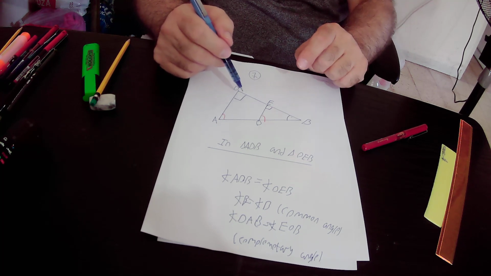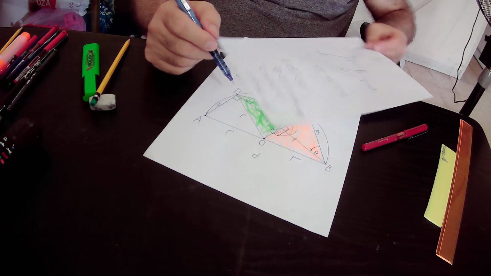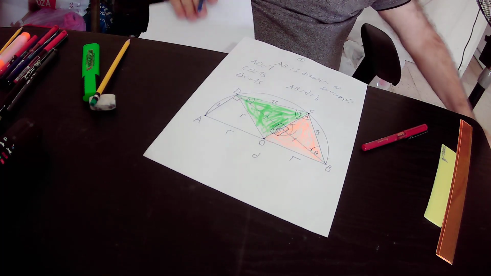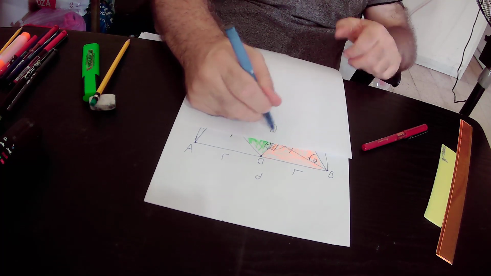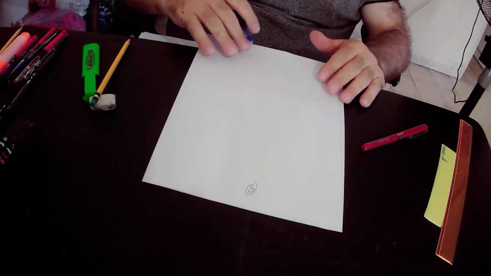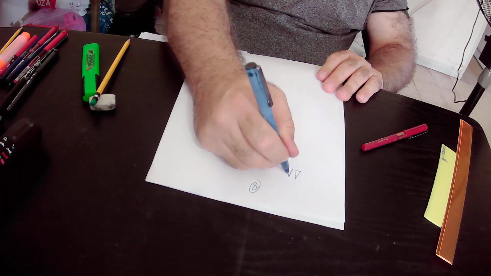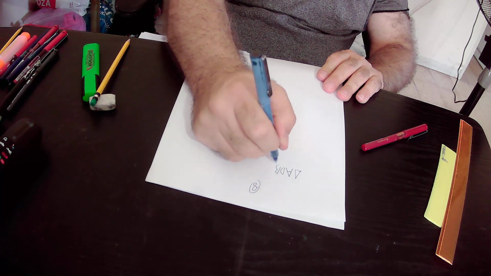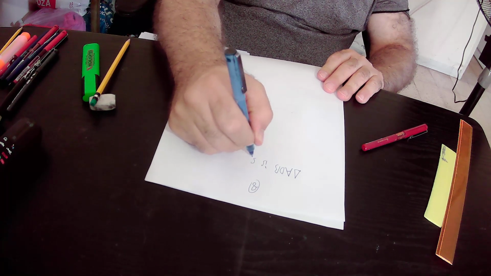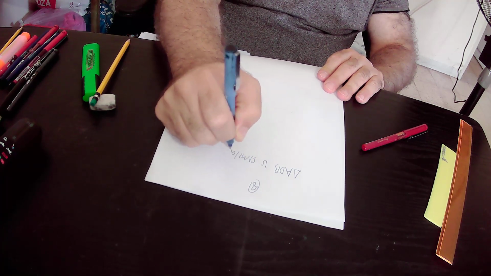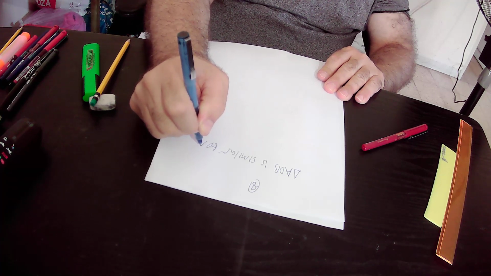Therefore, those two triangles are similar to each other. So triangle ADB is similar to triangle OEB.